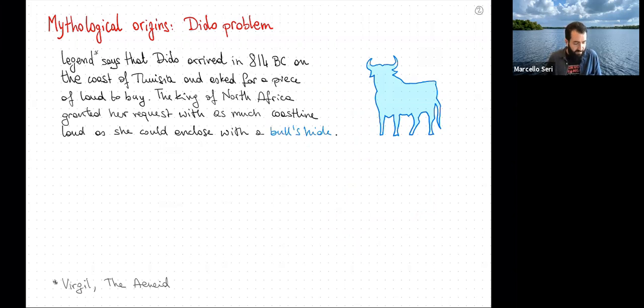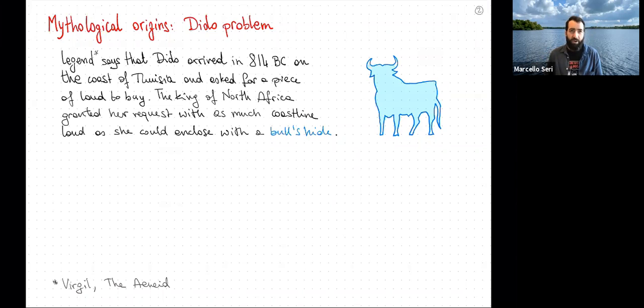Dido was at least a mythological character. I think it's not clear if she existed or not, but she lived in Tyre in Lebanon, and she was the sister of Pygmalion, who at a certain point became the king. They were the son and daughter of the king at the time.